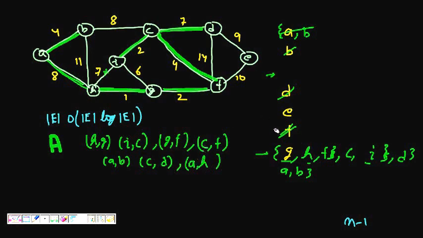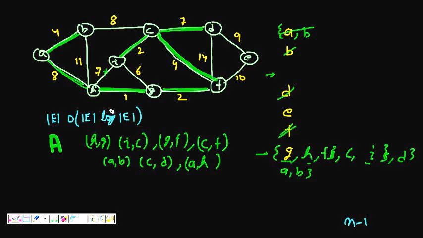So how many edges have we got? 1 2 3 4 5 6 7. So we have got 7 edges, and we still have to choose a few.